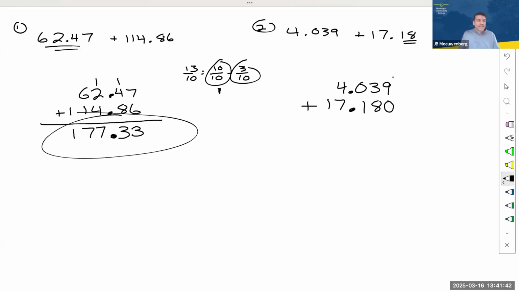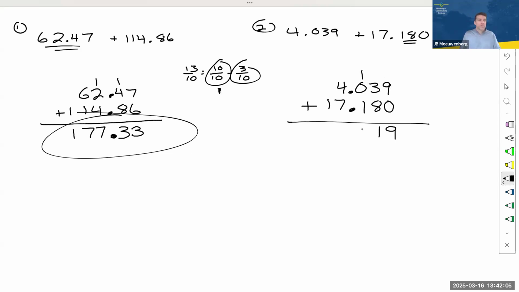Sometimes it's helpful to have the numbers align all the way on the right. It is fair game to add that 0 there because 18 hundredths and 180 thousandths are the same number. Then we add again. 9 plus 0 is 9. 3 plus 8 is 11.